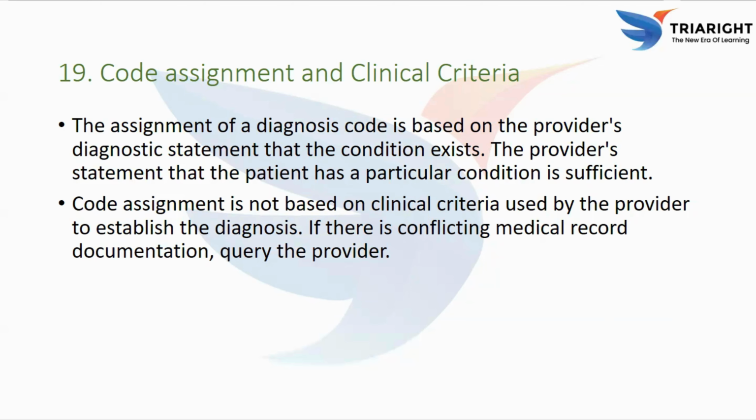If the doctor writes pneumonia in the patient's record, you assign the pneumonia code, even if lab results are not shown, because the provider's statement itself is sufficient. In the same way, clinical tests or lab reports are not always necessary. If the provider himself gives the disease in the description, it is enough for coding.